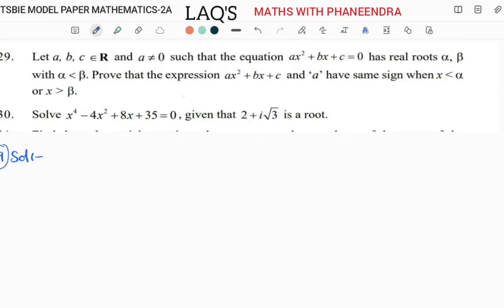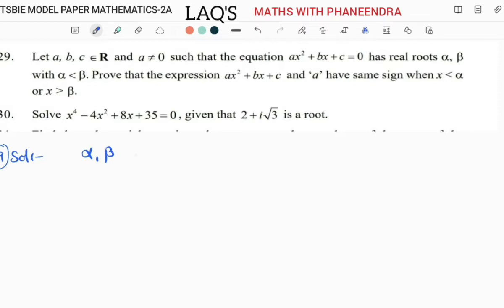Then prove that ax square plus bx plus c and a have the same sign when x is less than alpha or x is greater than beta. Actually, two statements are there, but in this question only one statement is given. Now we will discuss.